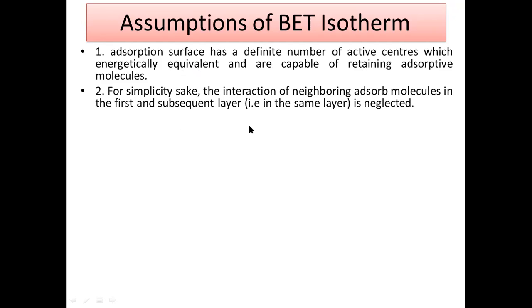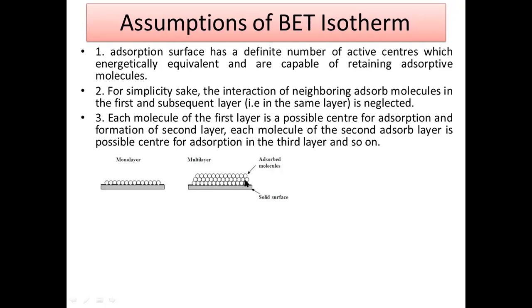Second, for simplicity's sake, the interaction of the neighboring adsorbed molecules in the first and subsequent layers, that is in the same layer, is neglected, because we are studying multi-layer adsorption. Here, this is the first layer, this is the second layer, and this is the third layer.